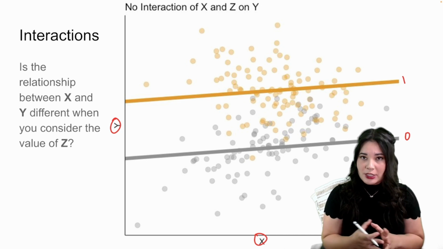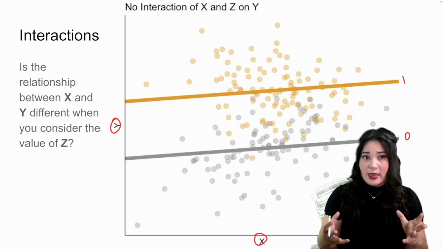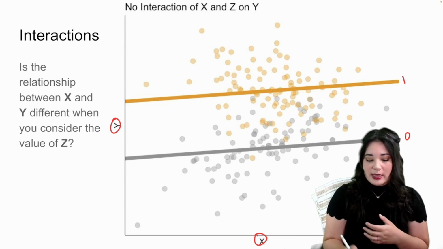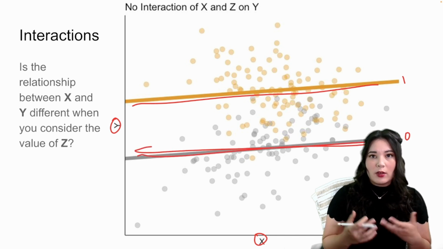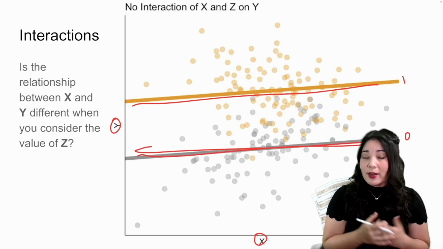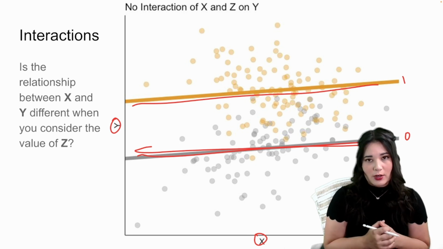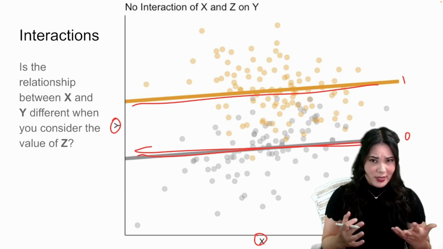This means that the relationship between our input x and our output y is the same no matter what value of z a data point has. You can see this by the fact that the slopes of these two lines are the same. While group 1 might have higher y values on average, the slope is the exact same for group 0 and 1. This means that there's no interaction, but what if there was an interaction?